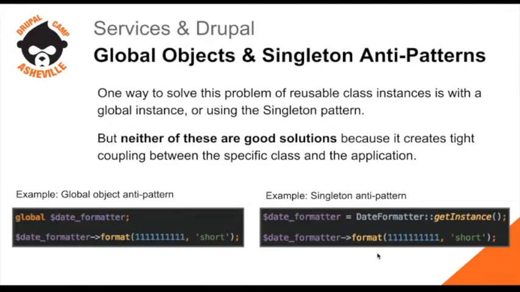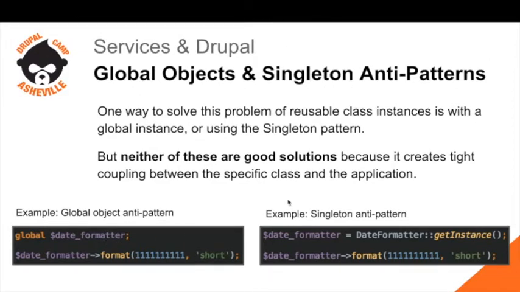The problem with these approaches is that they very tightly couple your code together. Somewhere in your code where you're actually having to go get the global date formatter using the global keyword makes it so that this part of the code explicitly requires that that global object, the date formatter, always be available. And the same goes for the singleton pattern.